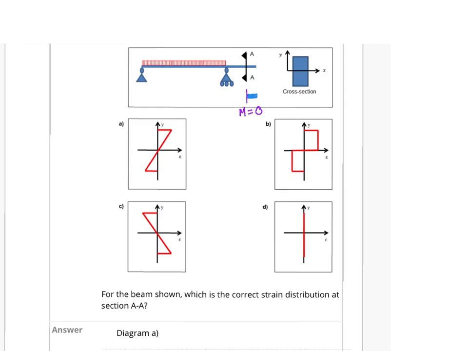That means no strain and no stress would be applied in the cross section. If there is no moment, there is no bending stress. So M equal to 0 means no bending stress. Which diagram will reflect that? Of course, only one is in here, which is this case. So this is the correct answer.